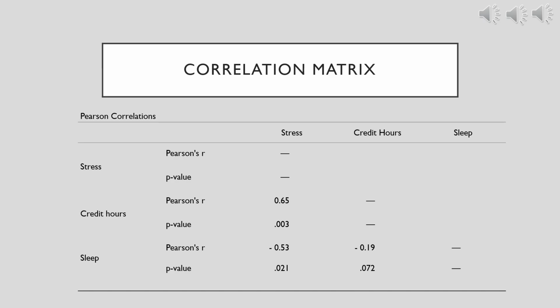So that means that people who have higher stress tend to have lower sleep, or alternatively, people who have higher sleep tend to have lower stress. So as one of the variables increases, the other variable is going to be decreasing. That's why it's a negative correlation.